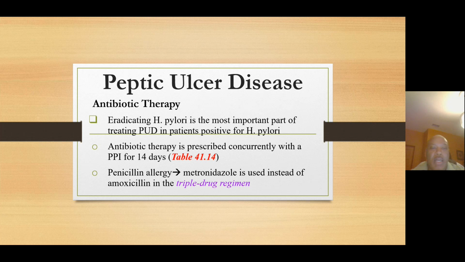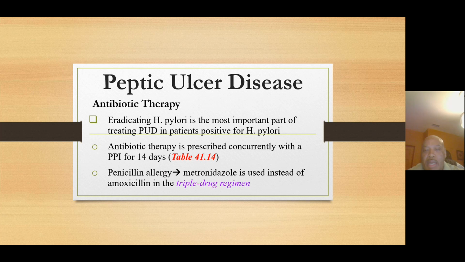All right. Now, bismuth can be given alone or as part of a combination capsule, what we call Pylera, and it contains bismuth, tetracycline, and metronidazole.